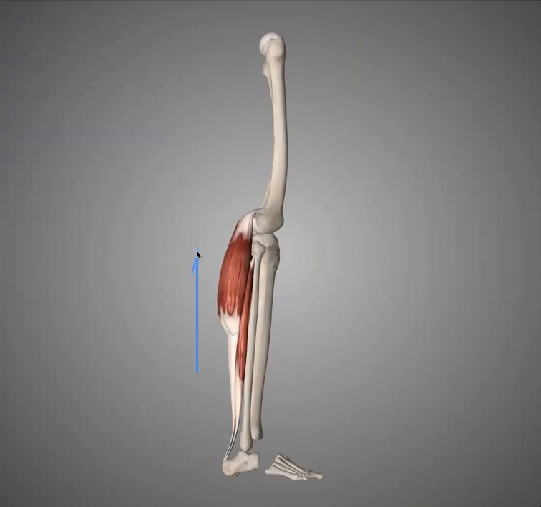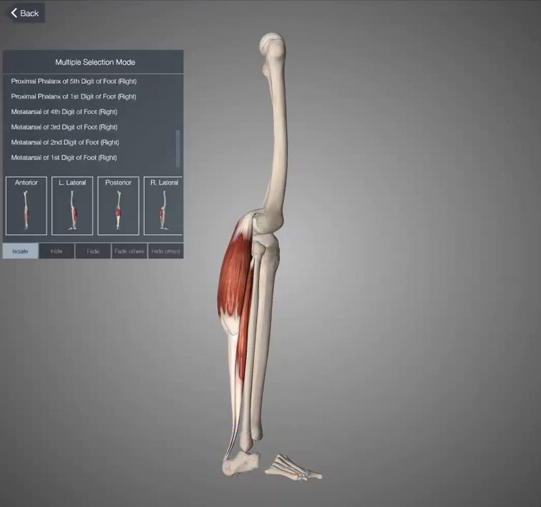If they contract, we start here, they will pull on this bone, and they will cause the foot to end here. And this is called plantar flexion at the ankle joint. It will also cause flexion of the knee joint. Here at the ankle joint, plantar flexion, and at the knee joint, it will cause flexion of the knee joint. Hence, bring this way. Okay.